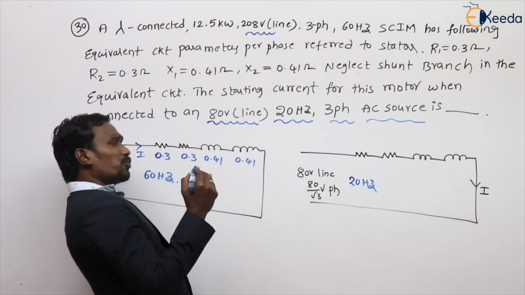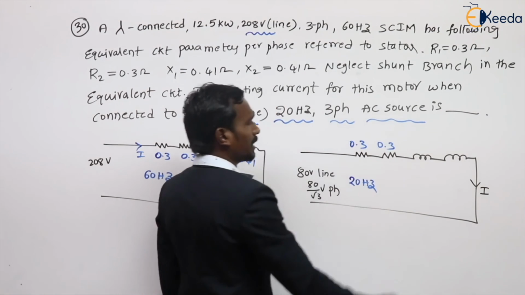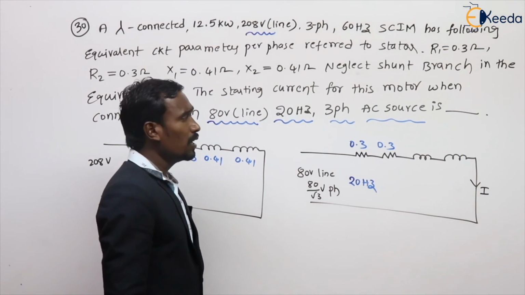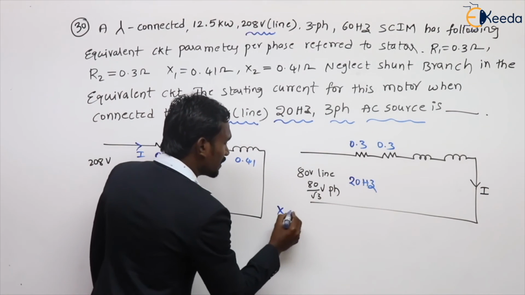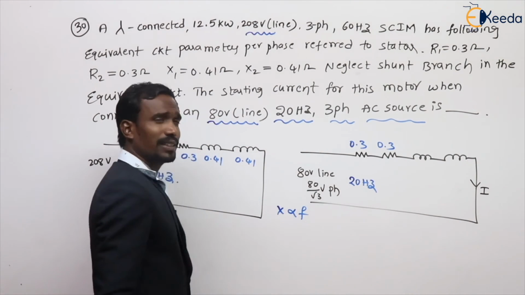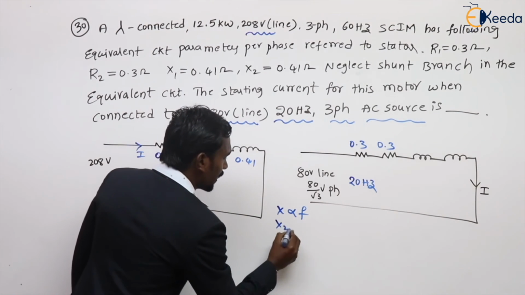Whatever the frequency, 20 Hz or 60 Hz, there is no change in resistance. But the reactance changes, right? Because reactance is directly proportional to frequency.